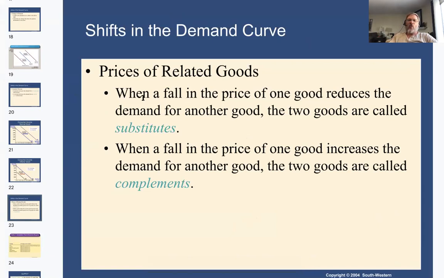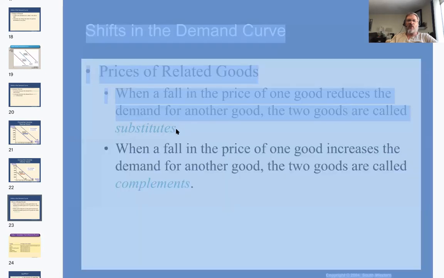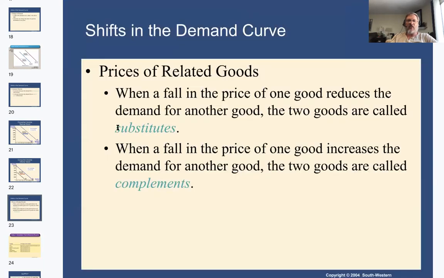It says, when a fall or a decrease in the price of one good reduces the demand for another, the two goods are called substitutes. So I want you to think about that. That's just a definition, and it's related to how the price of one good affects the demand for another.